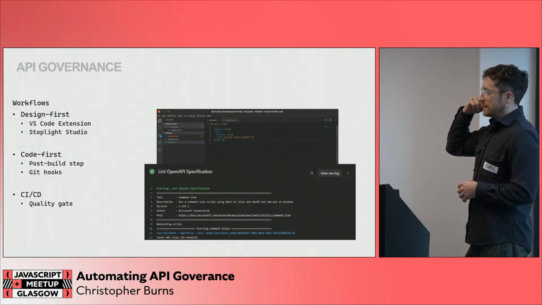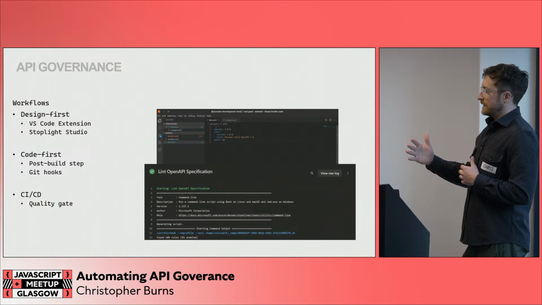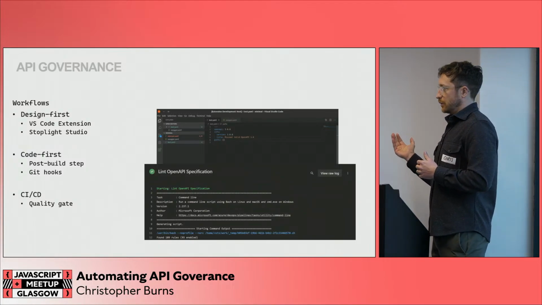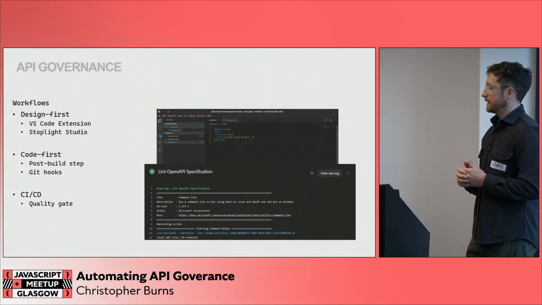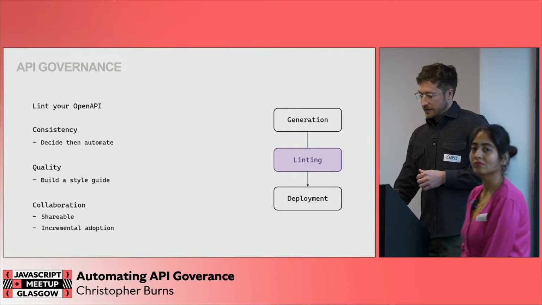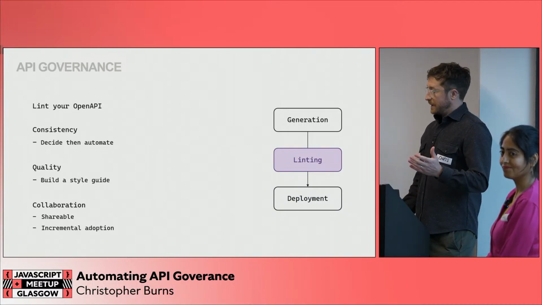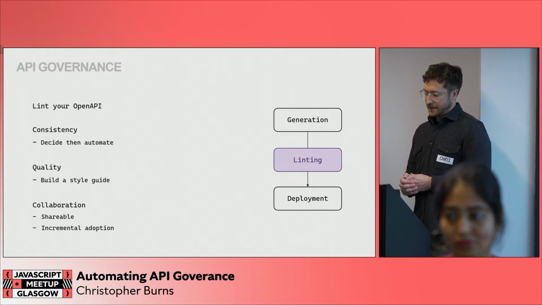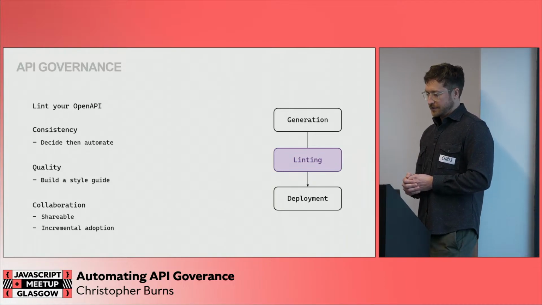You can share either a pipeline template with other teams or have their OpenAPI specs come through your pipeline. Really important. So hopefully I've demonstrated there's some value in linting your OpenAPI specs before it reaches your customers.